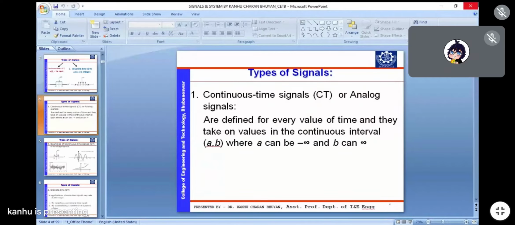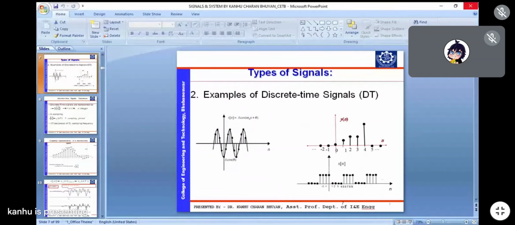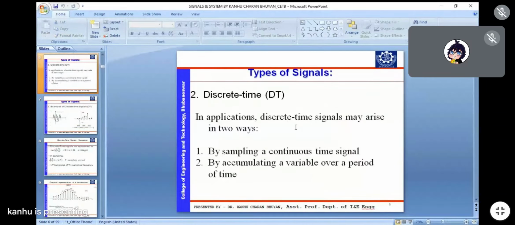dot dot dot, means there are some values, and 0, 1, 1.5, 2, then put the dots again. This is infinite, meaning the left hand series and the right hand side series are completely infinite. 0, 1, 1.5 and 2, and below the 1 you put an arrow mark, which means that is the origin.